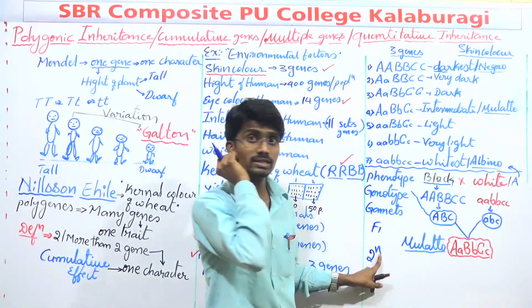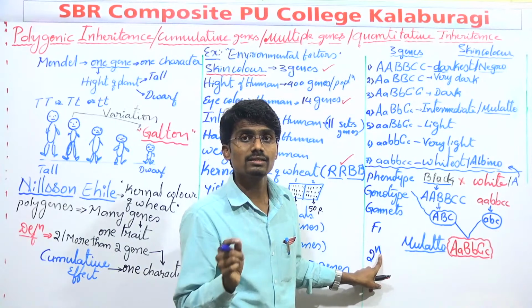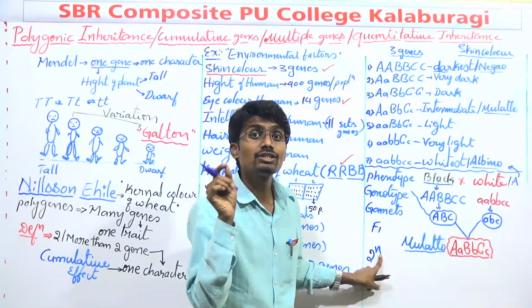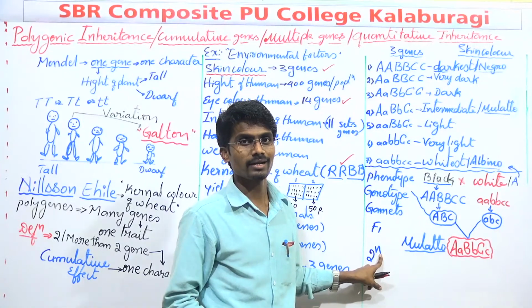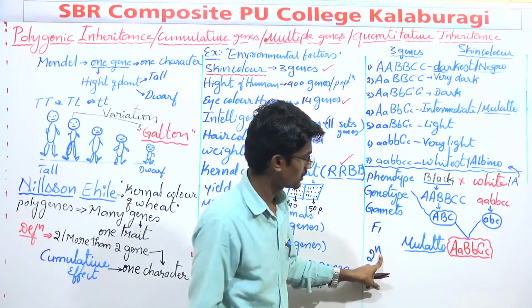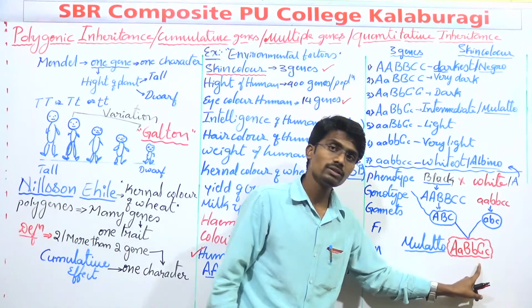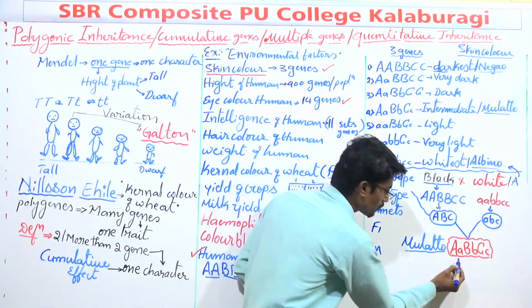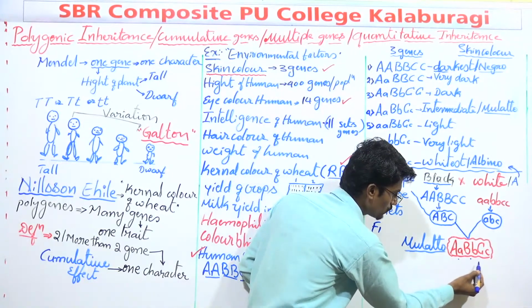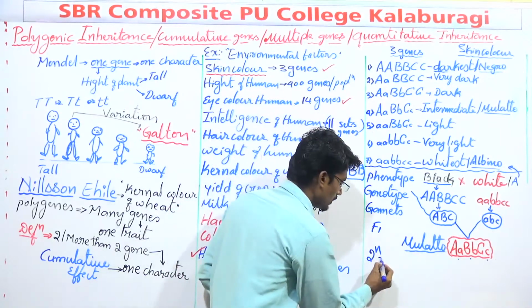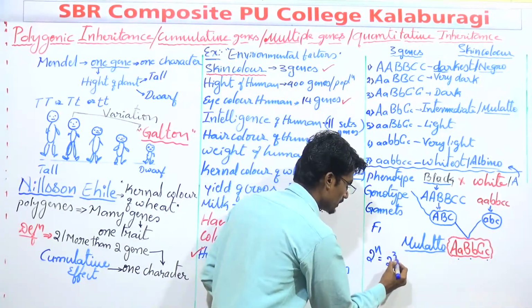What does n represent? n represents the number of heterozygous genes. How many heterozygous genes are found in mulatto? This is 1, this is 2, this is 3. Then n becomes 3.